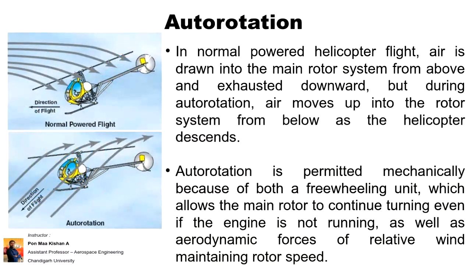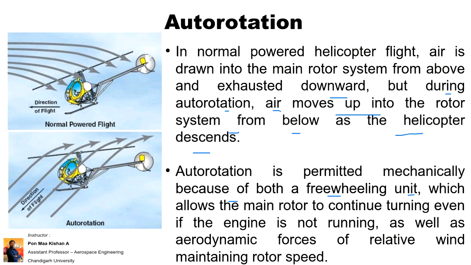So in a normal powered helicopter, air is drawn into the main rotor system from above and exhausted downward. So that's what I told. So during autorotation, air moves upward into the rotor system from below as the helicopter descends. Okay. So autorotation is permitted mechanically because of the freewheeling units, which allow the main rotor to continue turning even if the engine is not running.